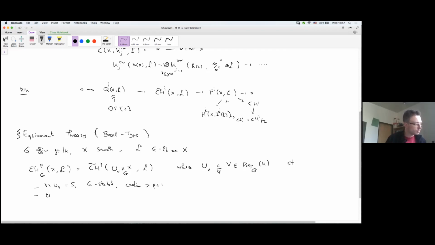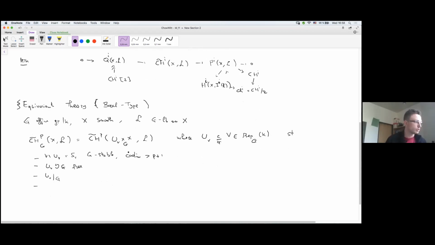The action inherited by UV should be free, which guarantees the quotient of UV by G to be an algebraic space.